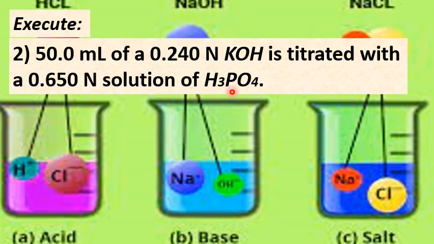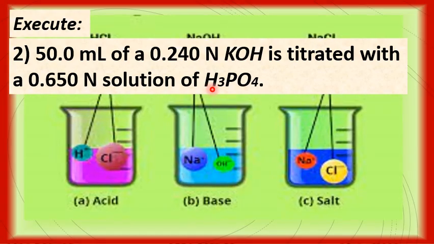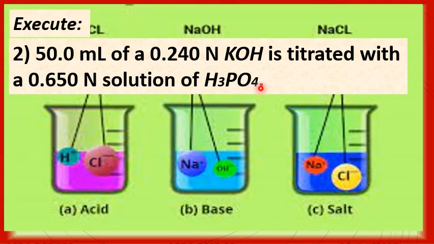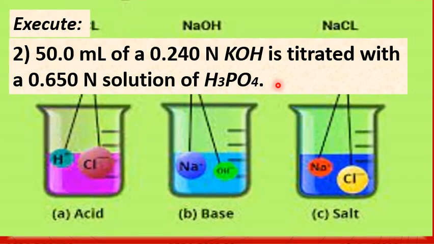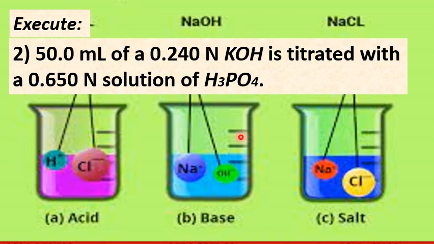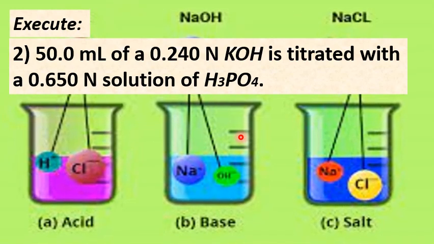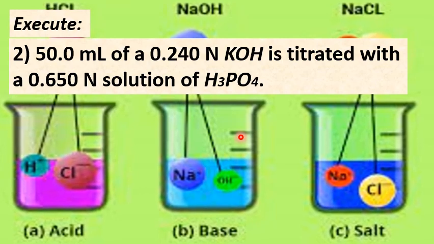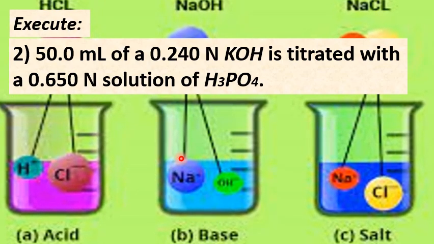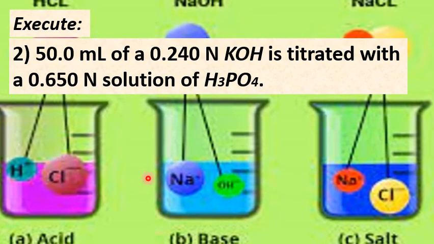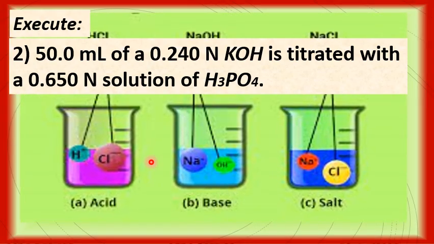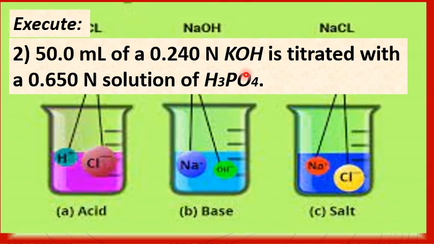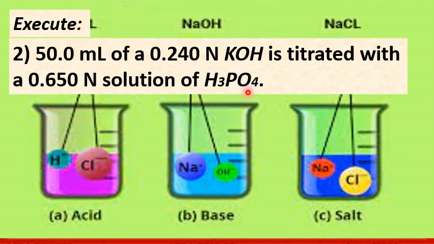So this formula, H3PO4, is the formula for phosphoric acid. So this is a question involving the neutralization reaction of phosphoric acid and potassium hydroxide. Potassium hydroxide is a base, while phosphoric acid, of course, is an acid.